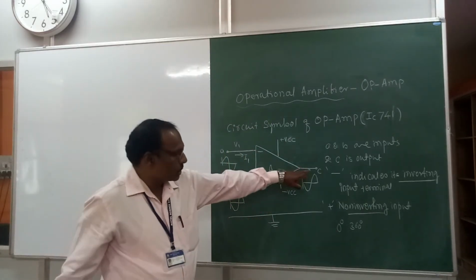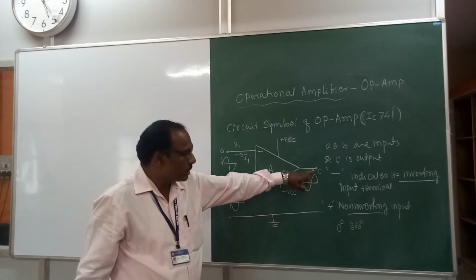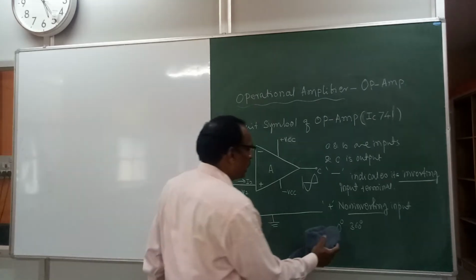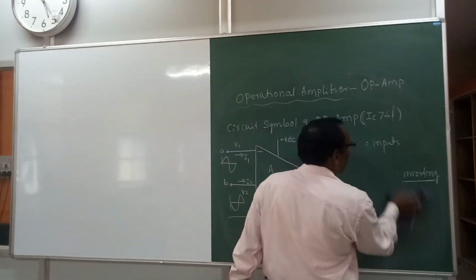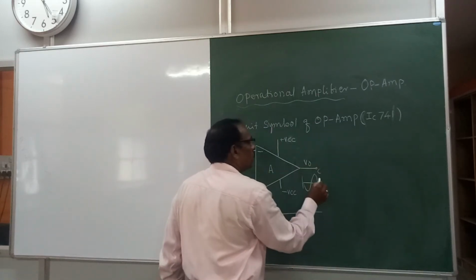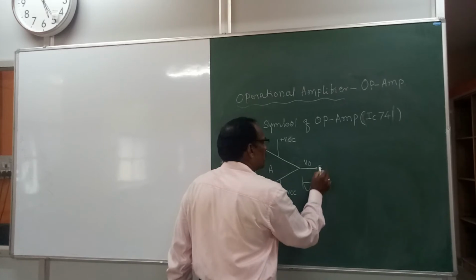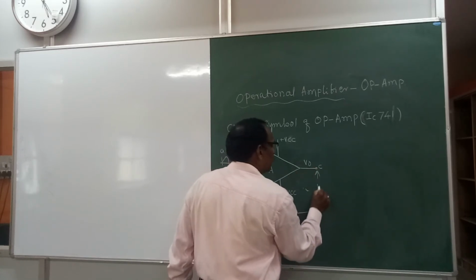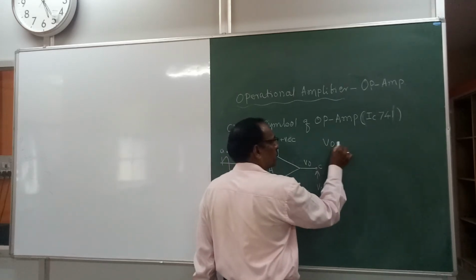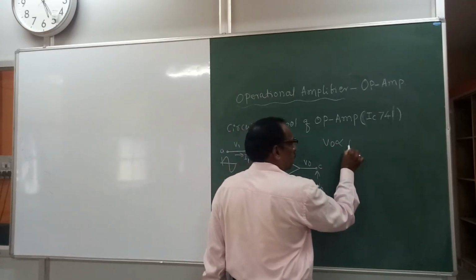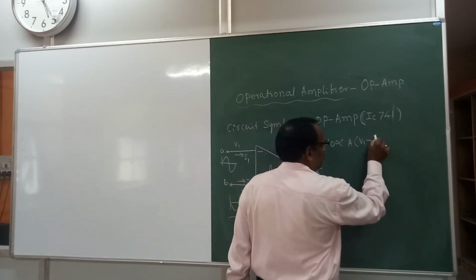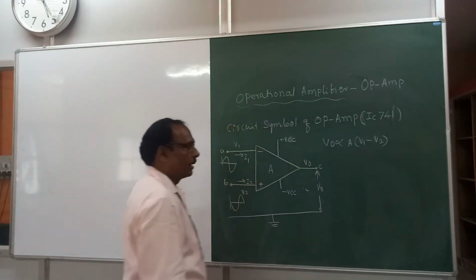The output voltage is always proportional to the difference of the input voltages. VO, the output voltage with respect to ground, is proportional to the difference of the inputs: A times V1 minus V2.